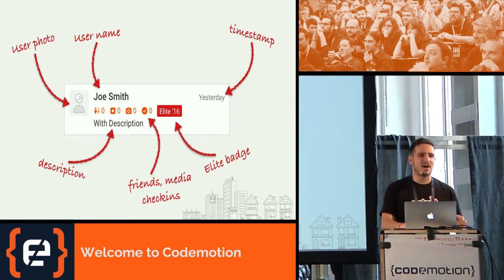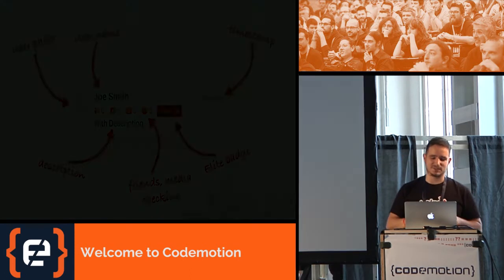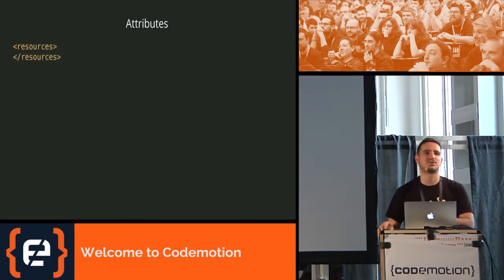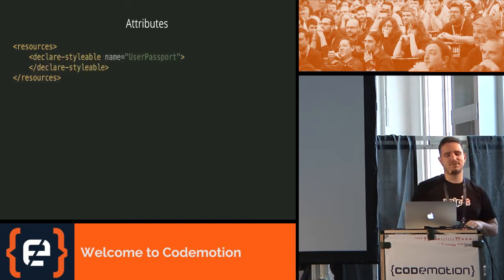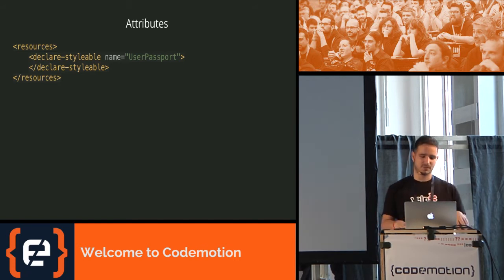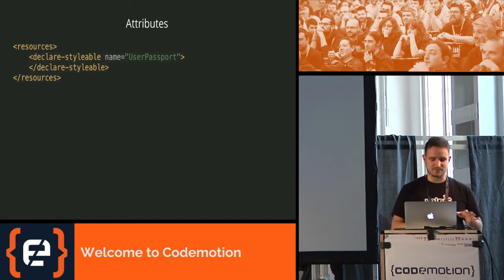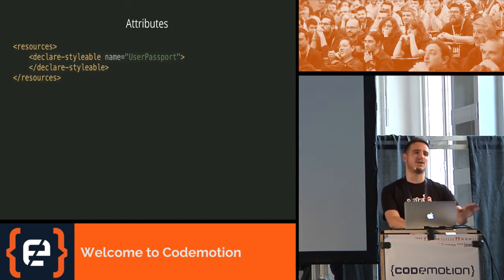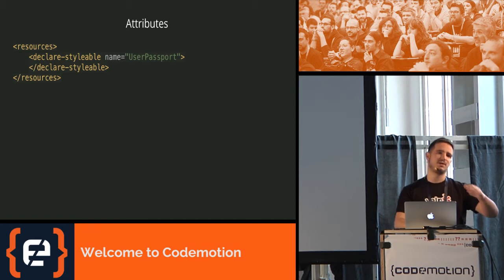So let's deep dive into the code and see how we can actually code this component. First of all, we've got to define some attributes. We create an XML file, and we create a declare-styleable for this user passport. For the sake of simplicity, I'm going to focus only on the name and the description. The other attributes will be kind of similar.